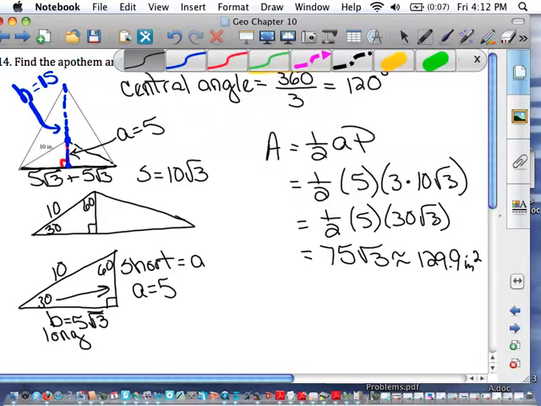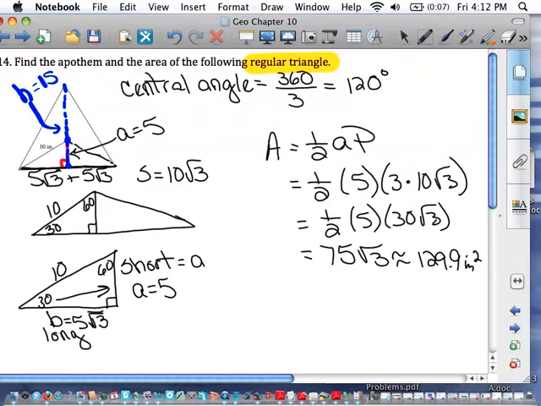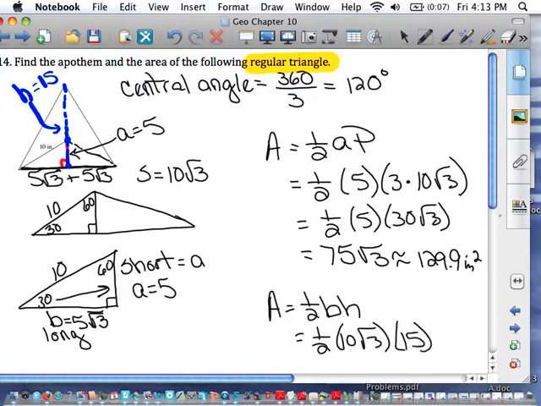So if you remembered that, you could use the formula area is equal to 1/2 base times height. In this case, 1/2 the base, which was 10 square root of 3, times the height, which is 15. And again, you would get 75 square root of 3. So kind of two ways to do that.